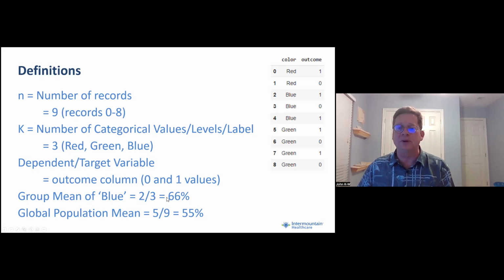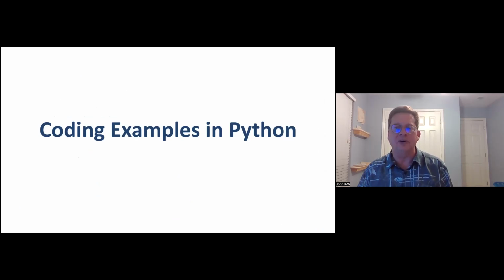The group mean is going to be 2/3 or 66%. And you'll hear the term global population mean, which we've got a total of 5 1s here, 5 trues out of all 9 records, that N value of 9, so 5/9 is 55% for the global mean for the whole group. So we use the global population mean to add in the proxy votes to smooth out our target encoding.